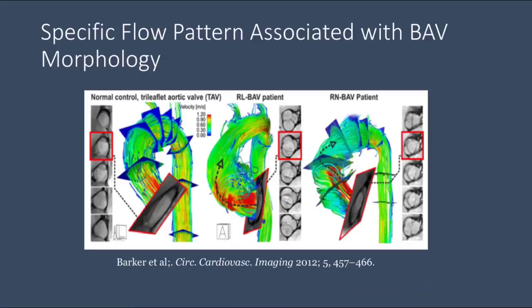Subsequently, or during that same time, Barker and colleagues found that specific flow patterns were actually associated with BAV morphology. So those individuals with a fusion of the right and left coronary cusp tended to have this right-handed helical flow pattern, and those with a fusion of the right and non-coronary cusp tended to have this left-handed helical flow pattern. And why was this interesting?